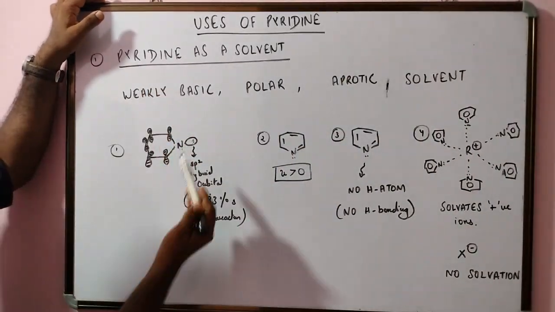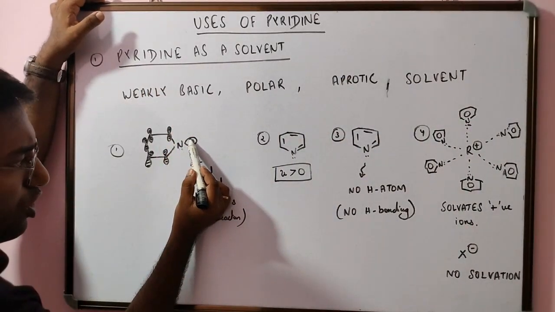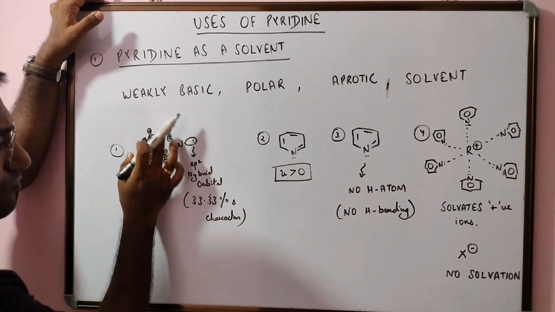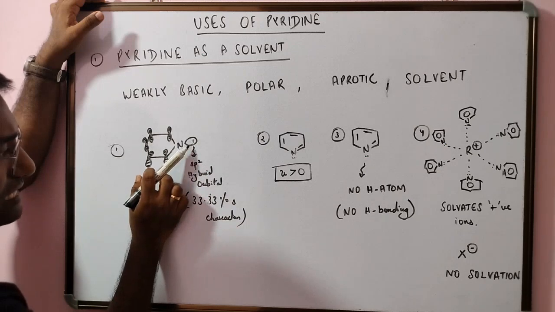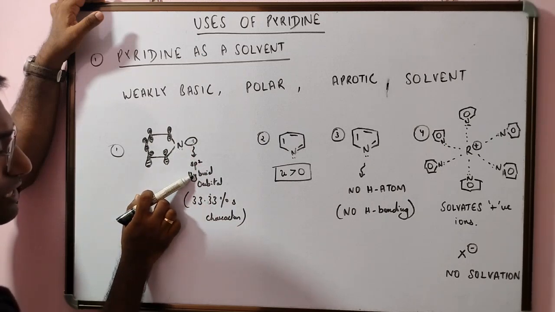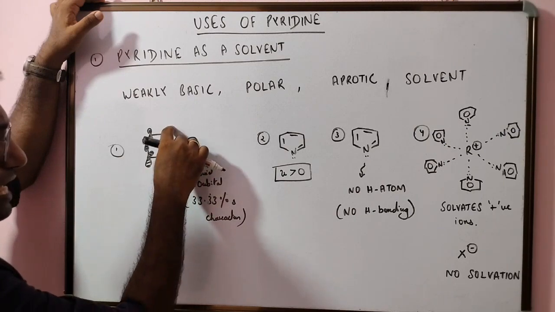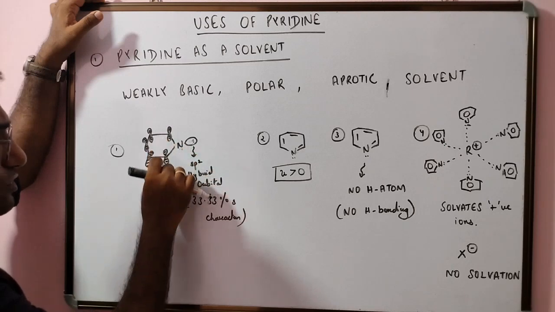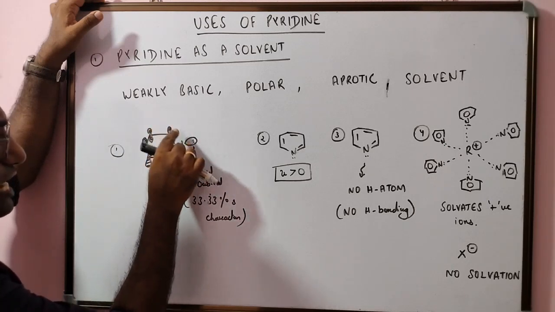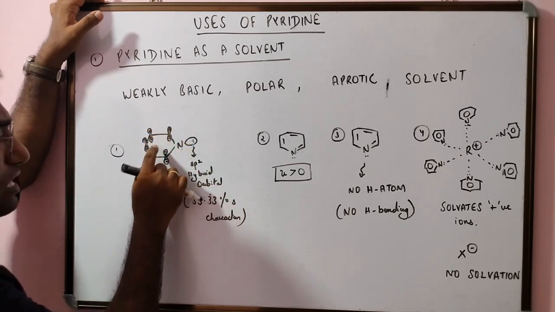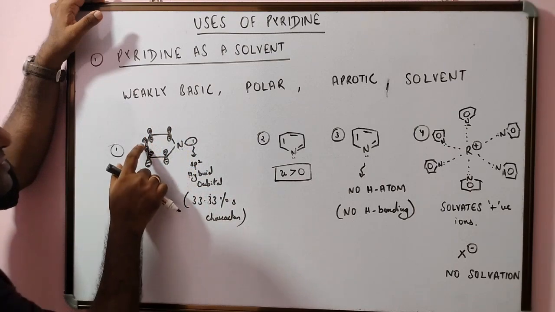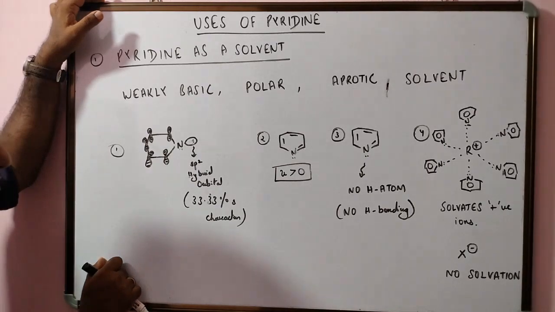Weakly basic. The lone pair of electrons on the nitrogen atom of the pyridine ring lies in the sp2 hybrid orbital, which is in a different plane from the plane in which the unhybridized pz orbital of each of the atoms of the pyridine lies.